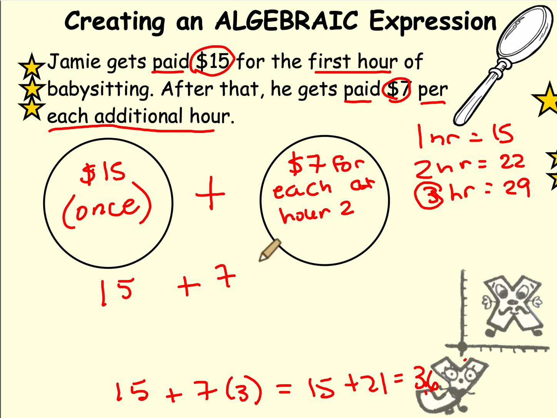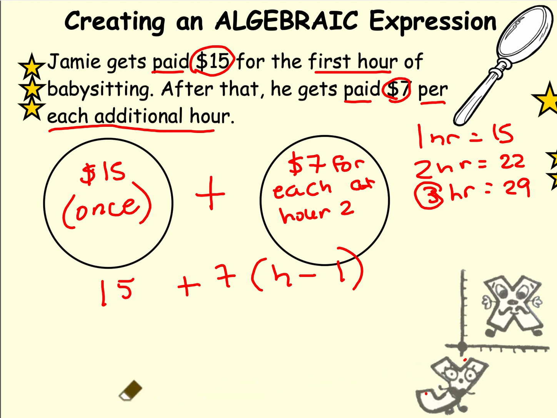So this is saying we have to take 1 hour away. And that's something that's not specifically stated in the problem that we were given, but it's implied. So let's see if this one works. If this is a correct expression, then we should be able to get 29 now.